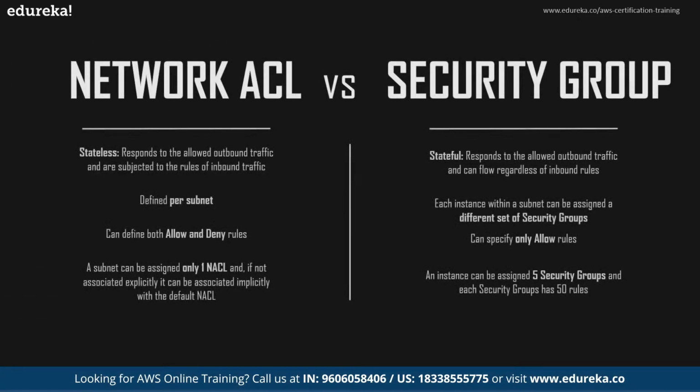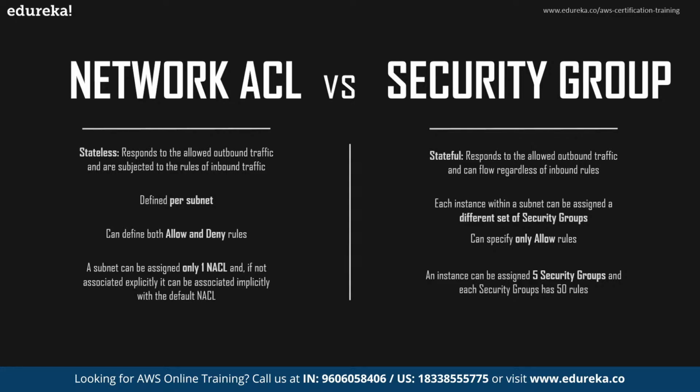Therefore, the basic difference between network ACLs and security groups is that network ACLs are stateless. They respond to the allowed outbound traffic and are subject to the rules of inbound traffic. Security groups, on the other hand, are stateful. They respond to the allowed outbound traffic and can flow regardless of inbound rules. Importantly, NACLs are defined per subnet. It is an extra layer of security.